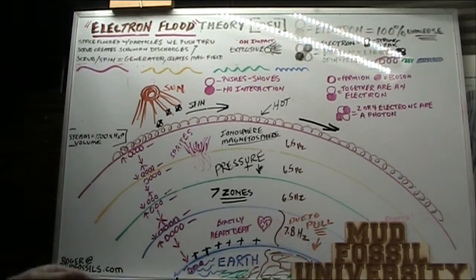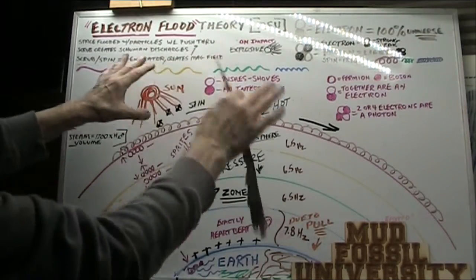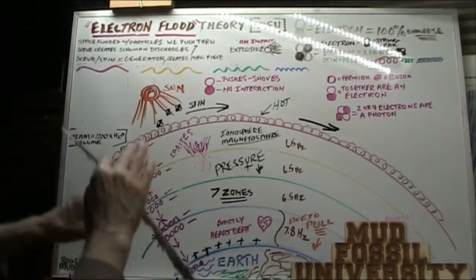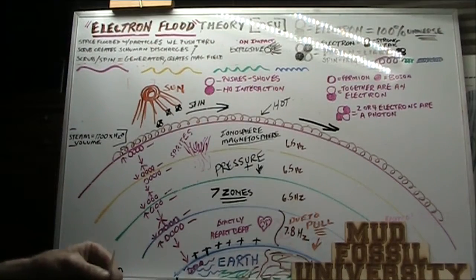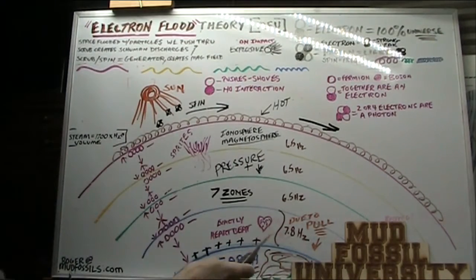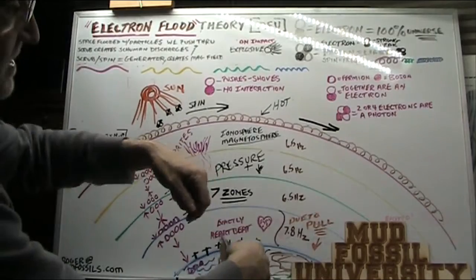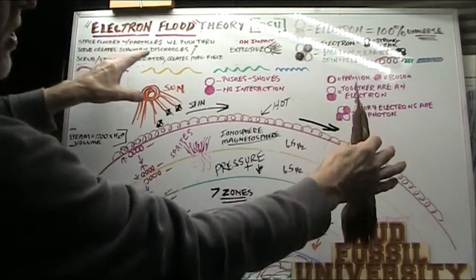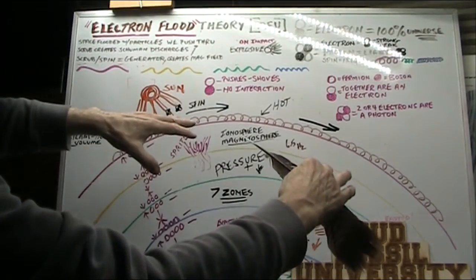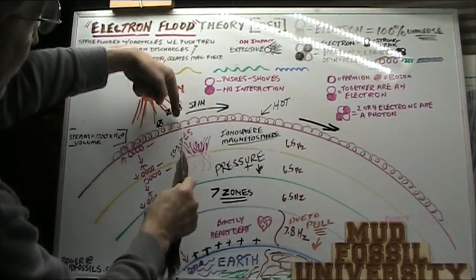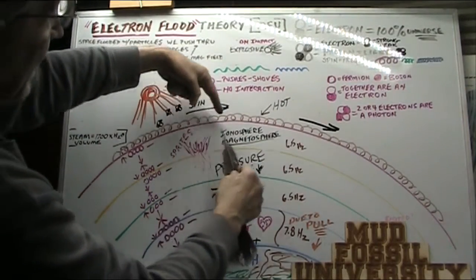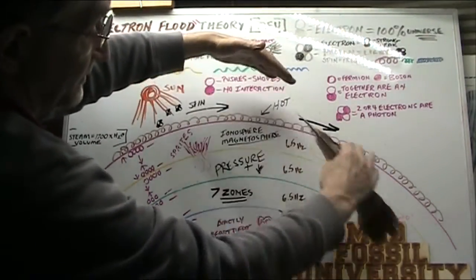Oh, am I glad I didn't erase all this. I was just getting ready to erase the whole thing and go into a whole new area, but these are the Schumann frequencies we're talking about. Here's the Earth. We are spinning through space, and space is loaded with particles coming from the sun to heat us up and warm us up, and they push and shove at our atmosphere edge.